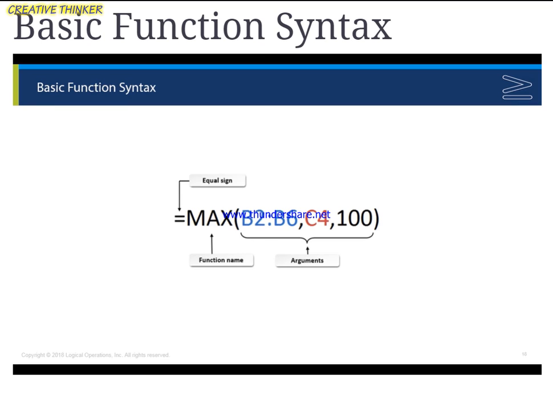The function's just going to return the max value of all of those. If that said sum instead of max, then it would be adding up the values of that range, then C4, then adding 100. So you can see what you're doing. Commas are separating the different arguments. If you have a range, don't separate it with commas. If you separate it with commas, it's just grabbing the value from those individual cells.